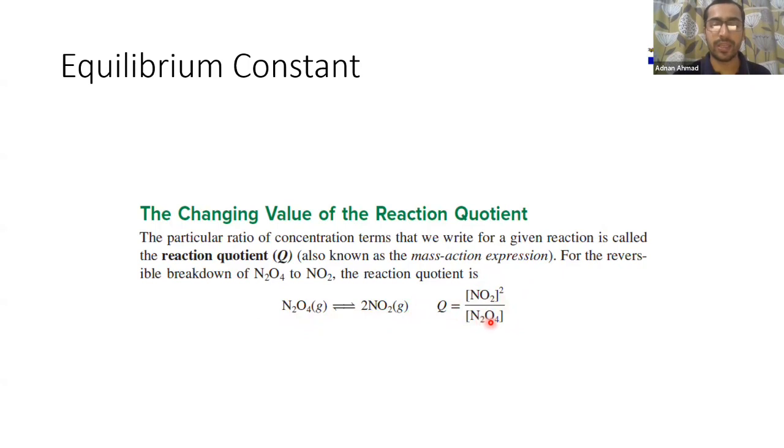This is how we write the reaction quotient, or the quotient expression. And when we put concentrations in these brackets and calculate it, we will see whether the reaction has achieved chemical equilibrium or not, right? So this is how chemical equilibrium is checked.